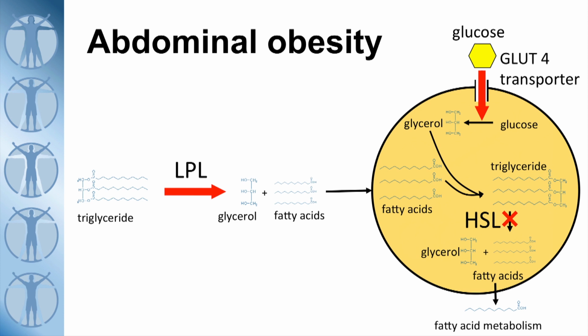And it's no coincidence that you give a little bit of insulin and the activity of this enzyme increases substantially. Insulin also acts on this transporter here, what we call the GLUT4 transporter. This is like a gate that glucose uses to get into the fat cell. If you have an increase in your insulin level, it opens the gate. Glucose goes in, and the end result is that you've now stored fat and the fat cell is bigger.